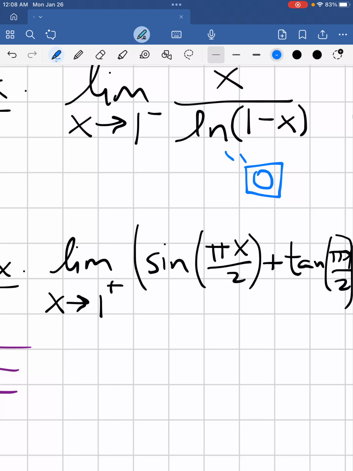Well, if we visualize the graph for tangent, remember we had our squigglies and we had these asymptotes. And it goes on in both directions. So as x approaches 1 from the right, the y value gets more and more negative. So we would say that tangent of that value is approaching negative infinity.